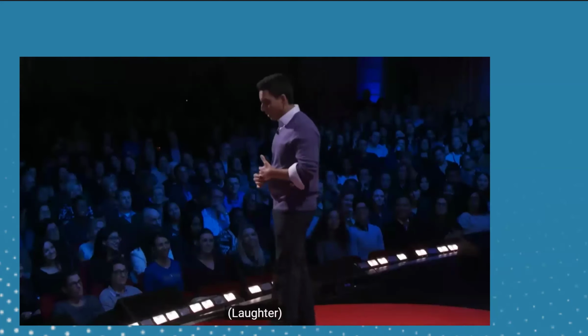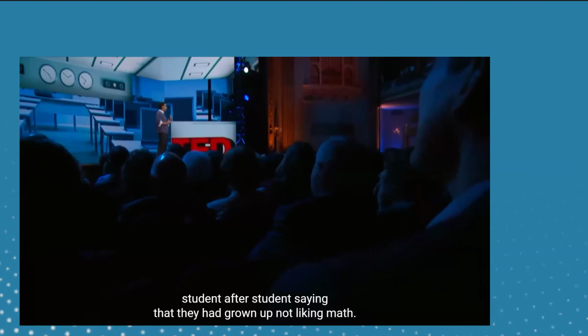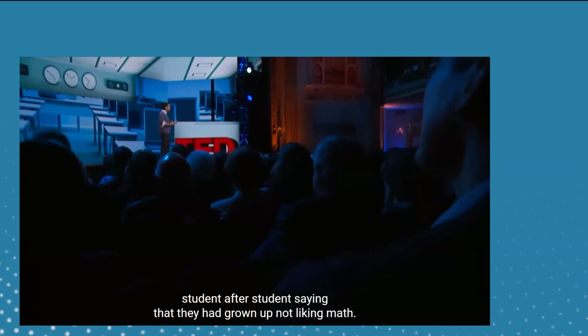I saw in the early days when I was uploading some of those videos on YouTube, I realized that people who are not my cousins were watching. And at first those comments were just simple thank yous, and I thought that was a pretty big deal. I don't know how much time y'all spend on YouTube. Most of the comments are not thank you. They're a little edgier than that. But then the comments got a little bit more intense. Student after student saying that they had grown up not liking math. It was getting difficult as they got into more advanced math topics.